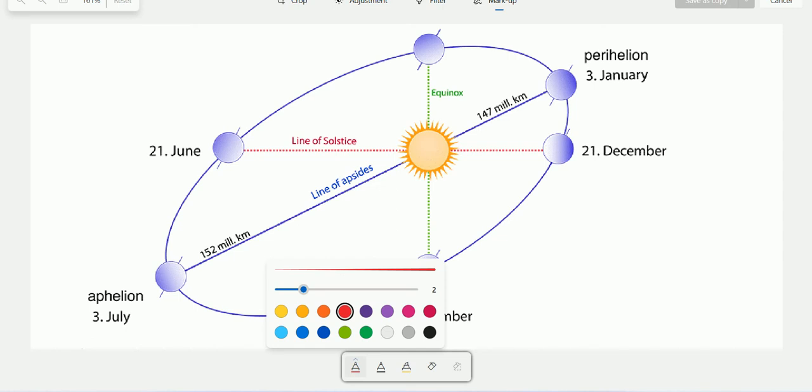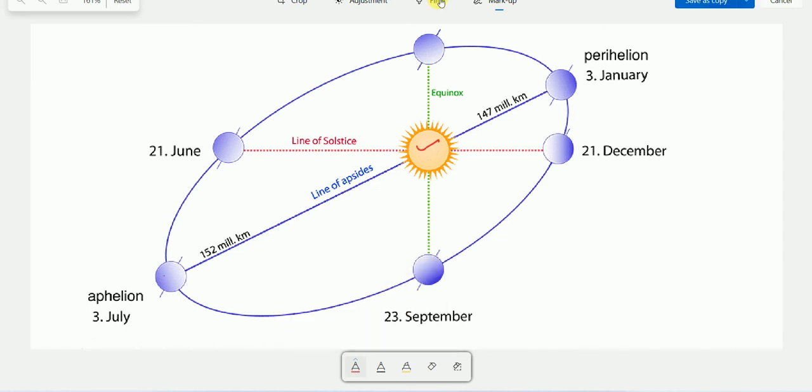Here, this is the sun and this is our earth, and on 3rd or 4th July the distance between the Earth and the Sun is the farthest. It is about 152 million kilometers, and this position is known as aphelion.